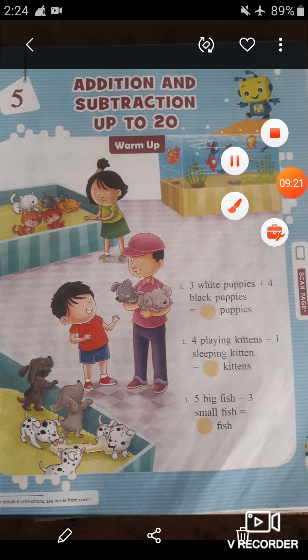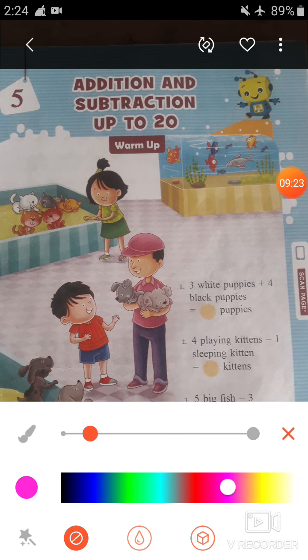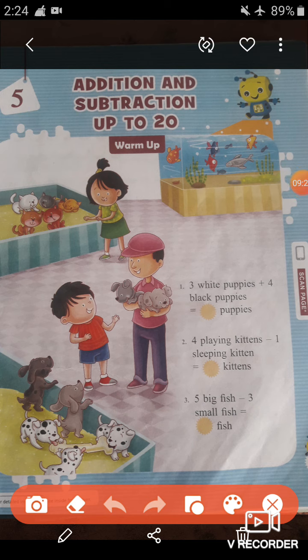Okay. Now next, 5 big fish minus 3 small fish. So students, look at this aquarium. In this aquarium, there are 5 big fish and 3 small fish.